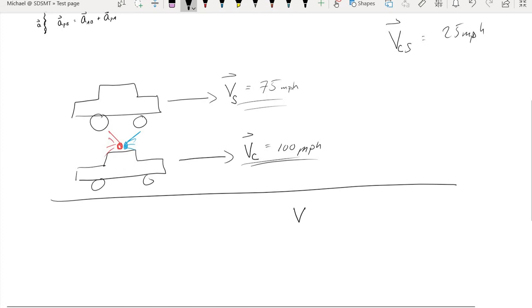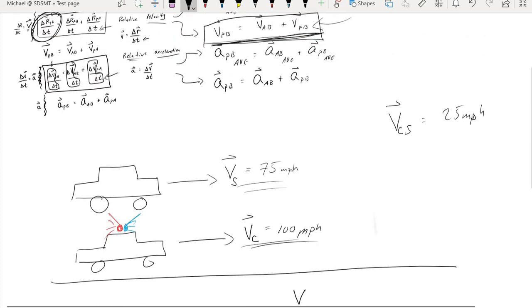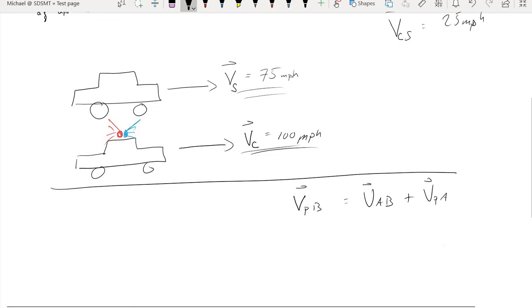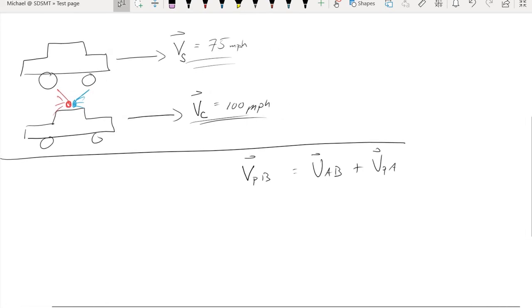Alright, so I'm going to bring that equation down here. Velocity PB equals velocity AB plus velocity PA. So this is the relative velocity expression that we derived up above.